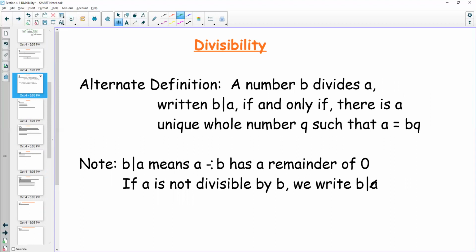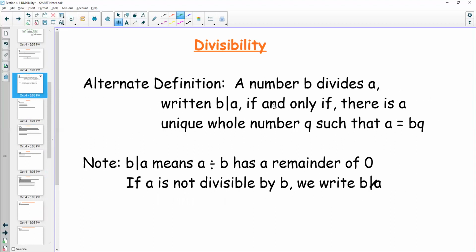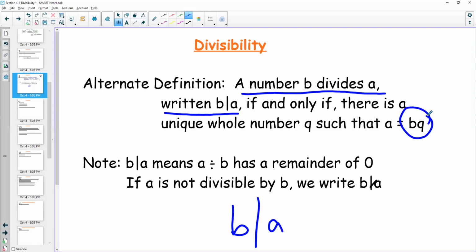You can say a number B divides A, so you read this as B divides A, if and only if there's a unique whole number Q such that when you multiply B by Q, you get A back. It's just like saying 4 divides 12 because 4 times 3 is 12. That's essentially what it's saying.